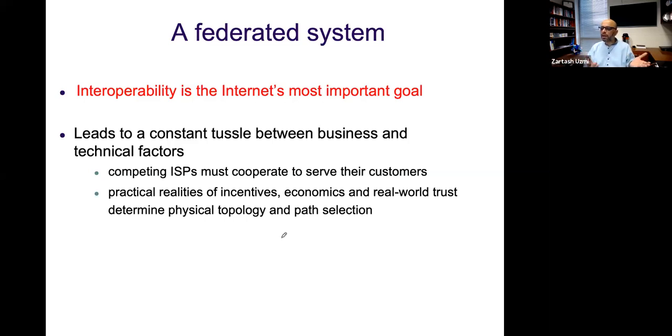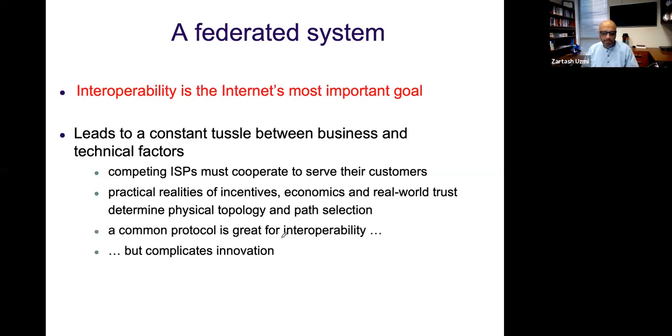If ISP A is my provider, I don't want to be confined to just the customers of ISP A. I would like to be able to talk to all the customers of ISP A as well as all the customers of ISP B. That is only possible when ISP A and ISP B provide connectivity with each other. They are competing with each other, but they must cooperate to serve their own customers. So that's how there is a constant tussle between these businesses and technical factors.